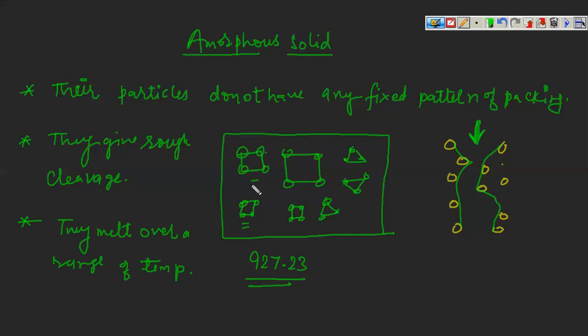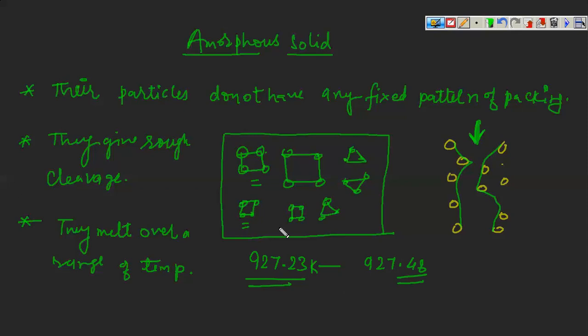This region melts at 927.23. This region melts at 927.24, 25, 26, 27, 23, 28, like that. So the melting started at 927.23 Kelvin and finished at 927.48, because different regions melt at different temperatures.